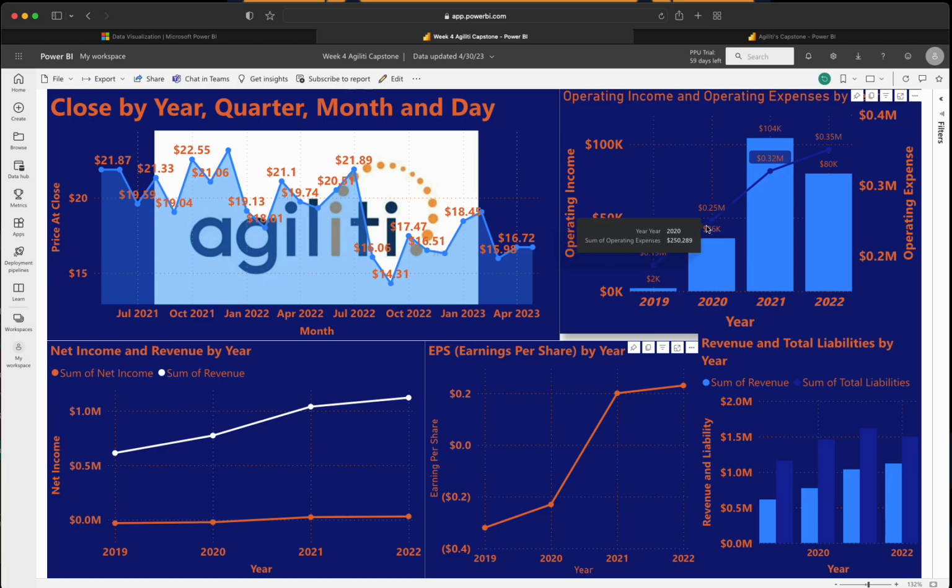You're not really making any kind of profit right now. In 2021, our operating expenses were 3,020, and our income at that time was $104,000.